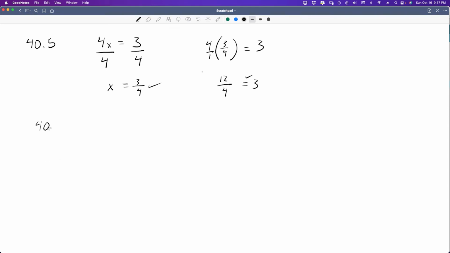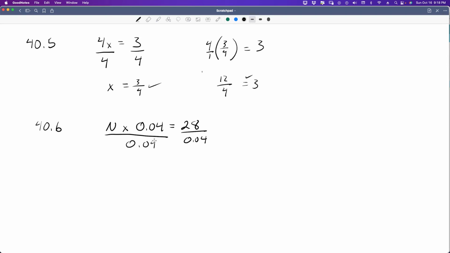Let's do 40.6. So that is going to be n times 0.04 is equal to 28. Do not let this throw you for a loop at all. Do not let it bother you. Because we have multiplication here, we're going to divide both sides by what we know, and that is going to be the 0.04.